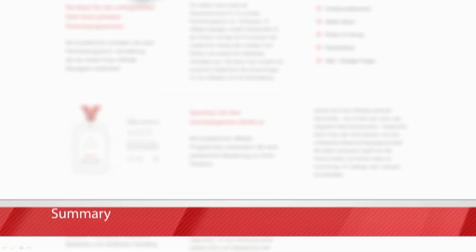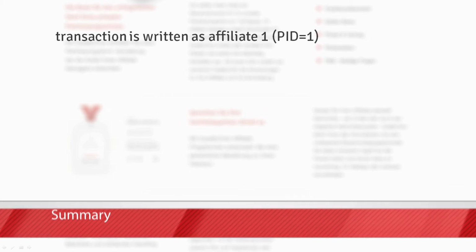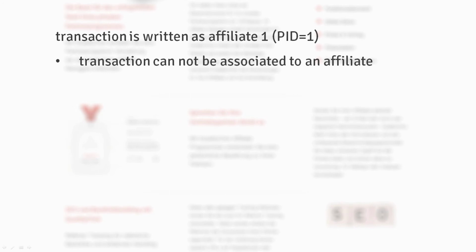So let's just summarize what we got here. First thing that may happen, the transaction is written to affiliate 1, PID 1. That means we could not associate the transaction to a certain affiliate, and we rewrite it to affiliate 1. And that means the first thing you do is check the cookie to see if the data is correct, PID and WMID are correct.